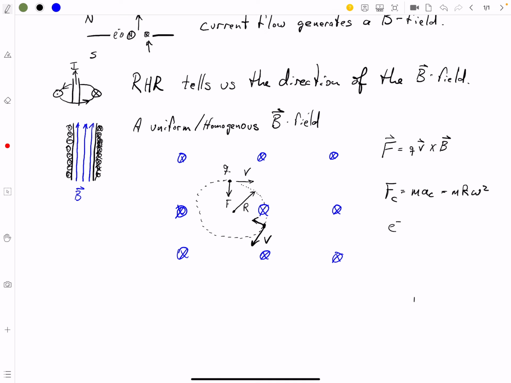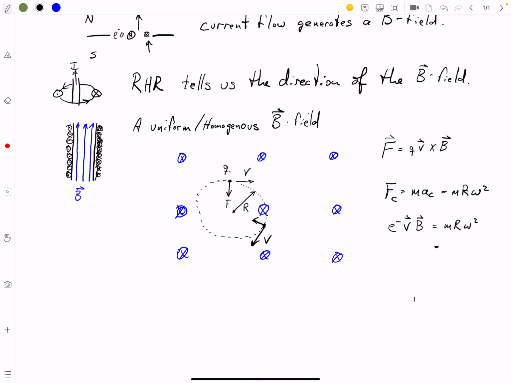So we've got E V B sine theta, who cares? Because everything's 90 degrees, all right? So sine theta goes away. Sine theta is equal to 1. So we've got our force is equal to M R omega squared.